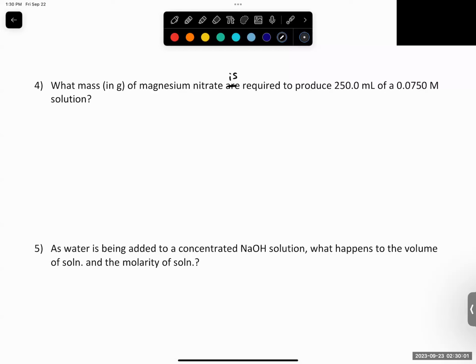So if it's asking for mass of magnesium nitrate, I know I'm going to need moles of magnesium nitrate. And I already know from homeworks that to get moles from these given units and numbers, we have to use the molarity equation.